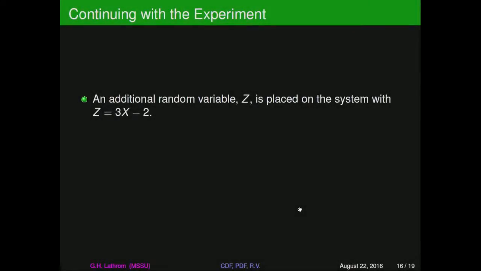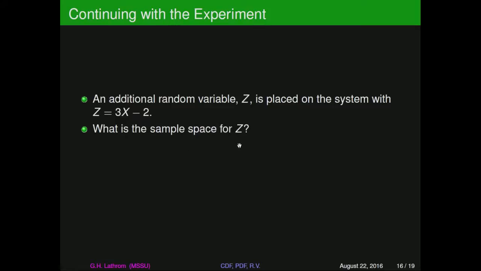Alright, so now we've still got the same experiment. We've still got the random variable capital X, but now let's place a third random variable on this space. Let's say that we've got capital Z is equal to 3 times capital X minus 2. Well, we can ask the same question.